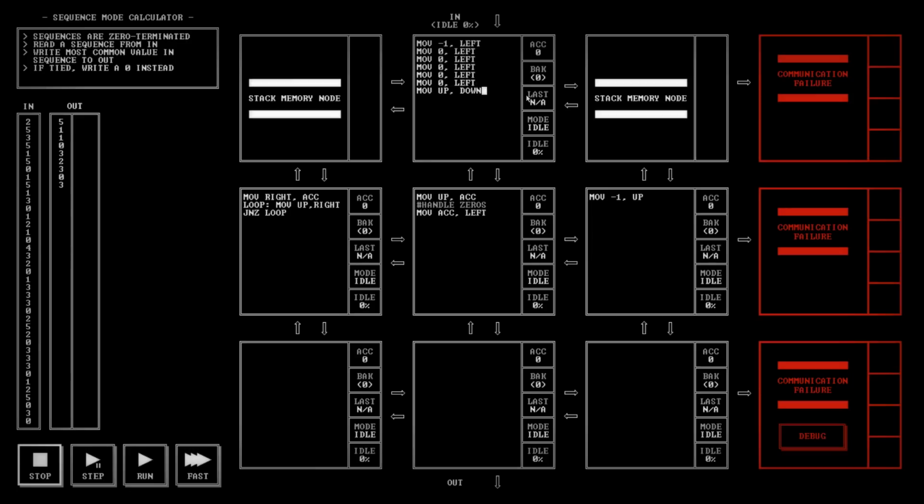Sure. All of this is incorrect, but I need to go via something incorrect to get to something correct. So that's all fine. Move up ACK, move ACK left, handle zeros, move right ACK.